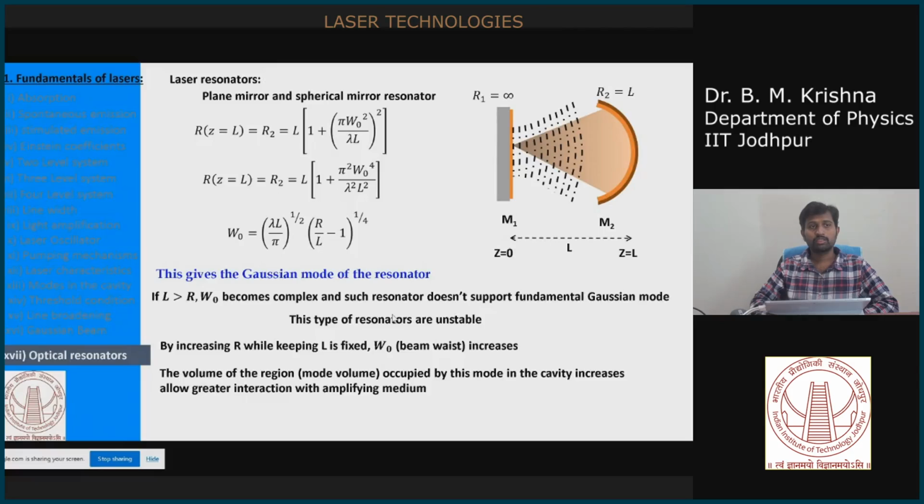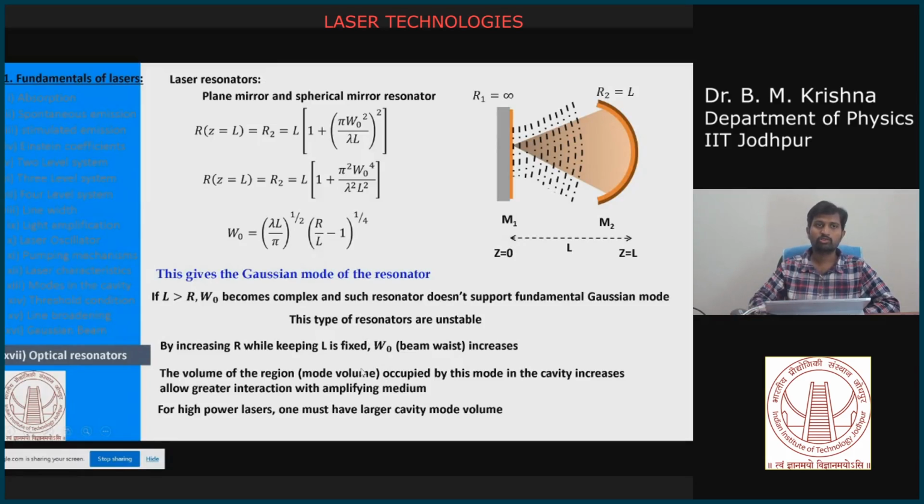So this mode in this cavity increases the interaction with the amplifying medium. For high power lasers, one must have this condition. This volume of the region of this mode is called the mode volume, your W naught, your spot size.